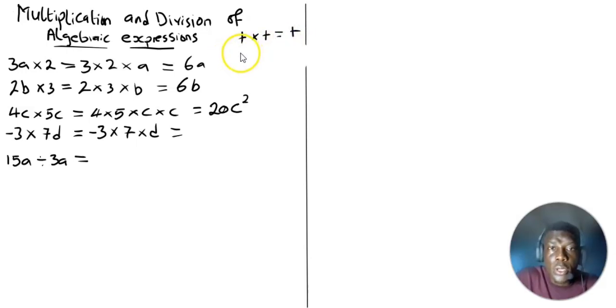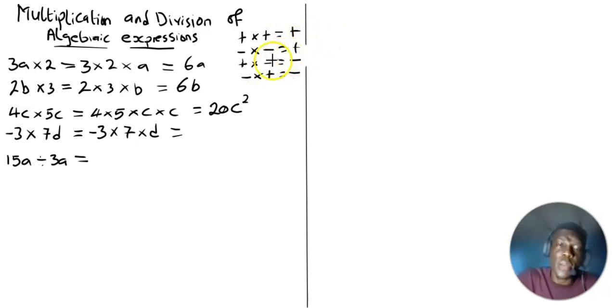When minus multiplies a minus sign, it will still give you plus. When plus multiplies a minus sign, it will give you minus. When minus multiplies a plus sign, it will give you minus. Take note of this and do well to apply it when solving any question. You can apply it anywhere in maths. This is a normal maths rule.